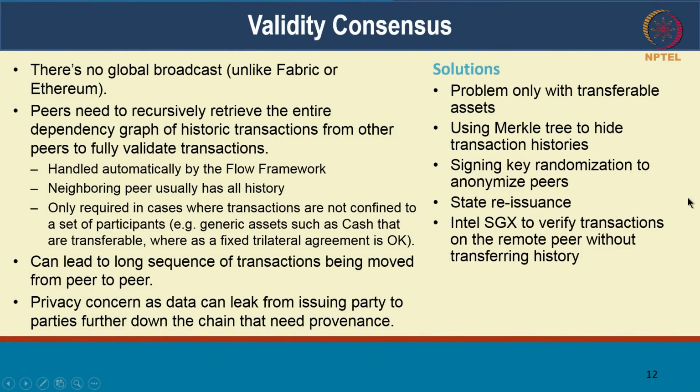They're also looking to use trusted platforms such as Intel SGX to verify transactions on the remote peer without transferring history. So there are many alternatives being considered. The other alternative is state reissuance, where a central authority comes back in and says, yes, this is a valid state, I will issue a new state for you. So all that is possible.